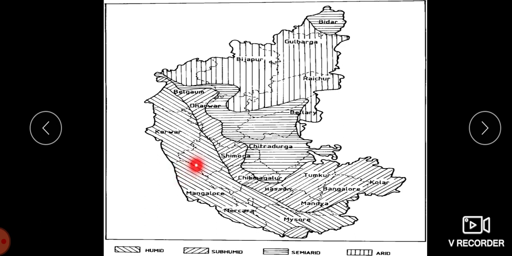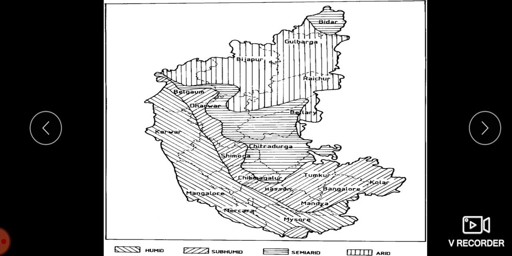As it moves eastward, the amount of rainfall starts decreasing, children. This is because the eastern Maidan is called the rain shadow area. Nayakanahatti near Chellikere in Chitradurga records the lowest rainfall.